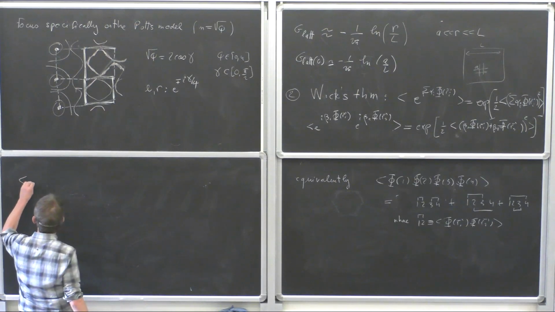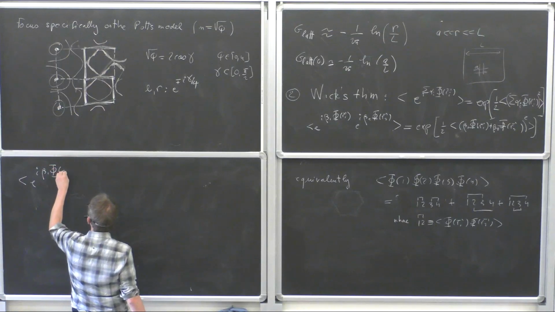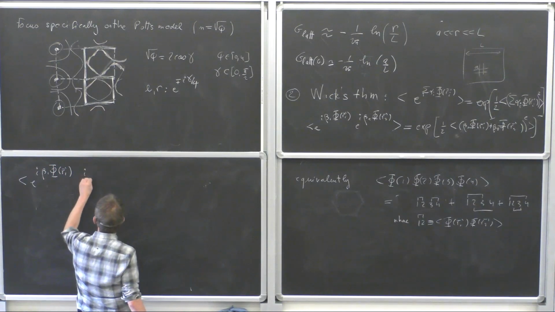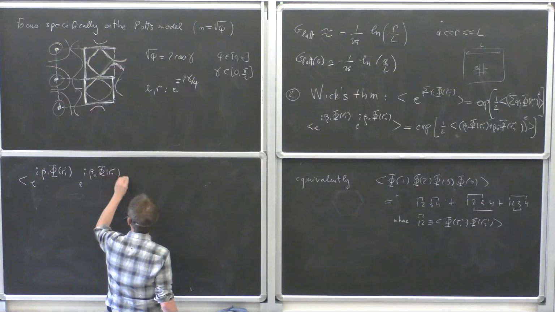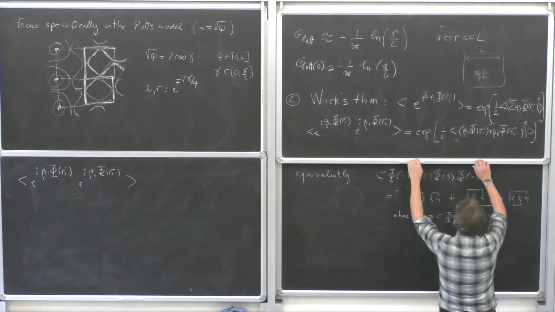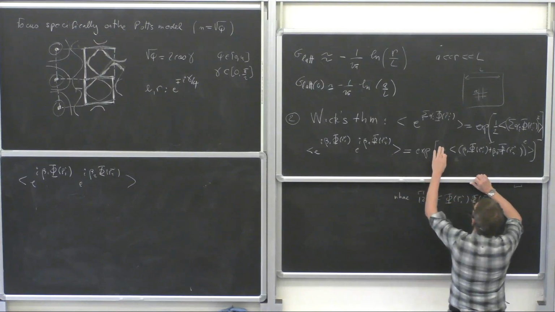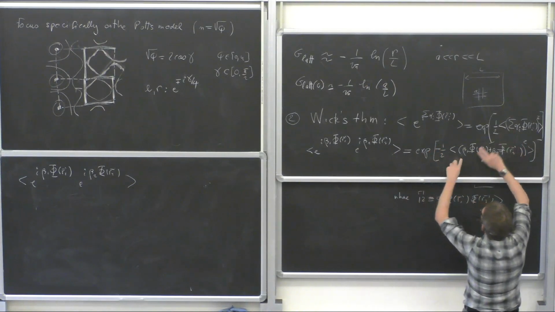So let us now calculate in our free boson theory this correlation function by using Wick's theorem. Okay, so this is, by the way, because there was an i, this is now -1. Alpha is i beta, so there is a minus.